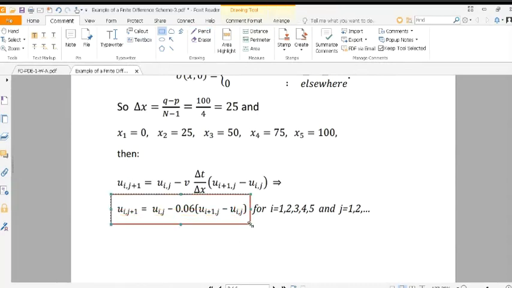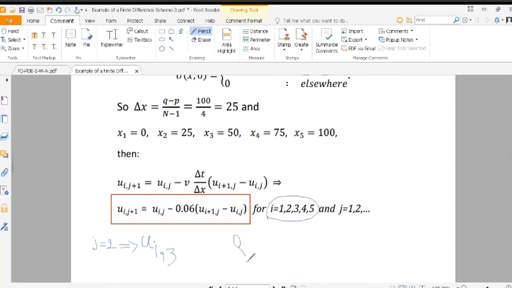This is the base equation for this example. You put j equal to 2, and compute u i and 3 for all of i equals 1, 2, 3, 4, and 5.